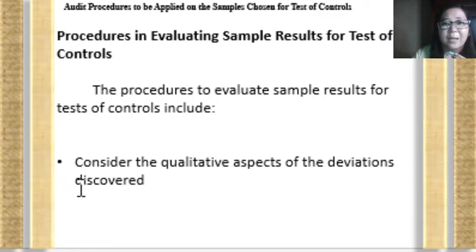Next, after comparing such, if there is any difference between the maximum population deviation rate and our tolerable deviation rate, the auditor will consider the qualitative aspects of the occurrence of these deviations. So he has not only considered the numbers presented out of the assessment, but he has to go through the reasons why these deviations have occurred as well.